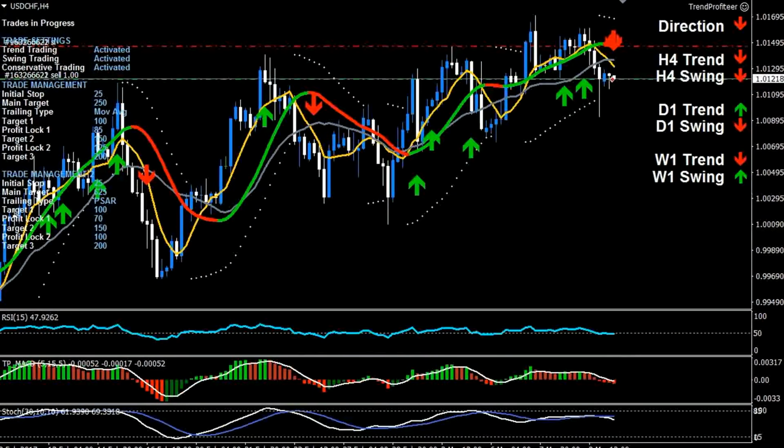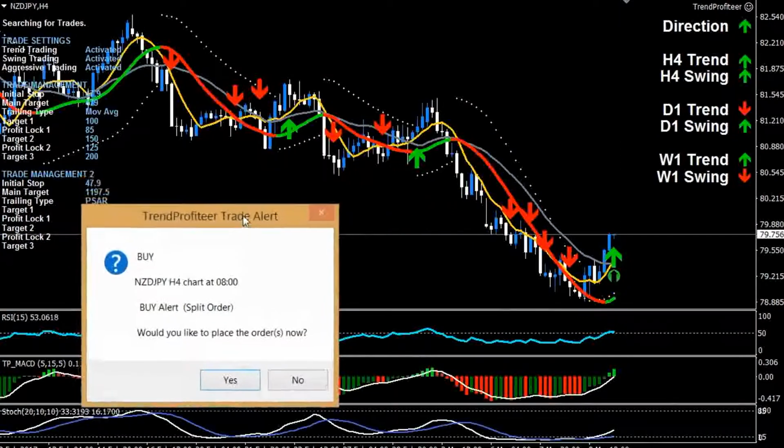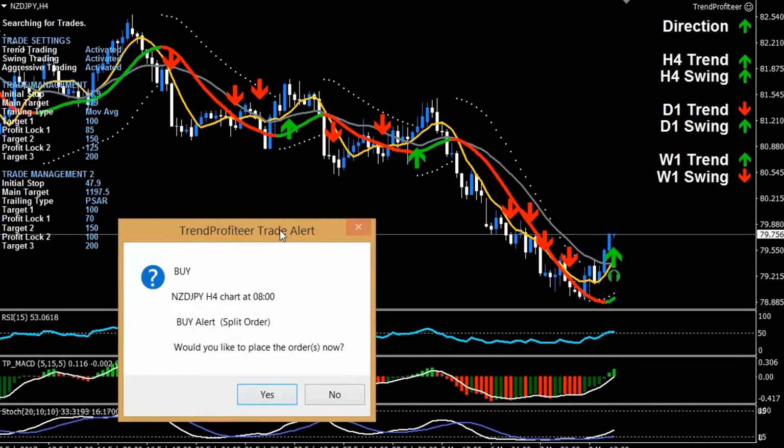Okay, so let's go to the Kiwi yen. I'll just bring it up here. We haven't talked about the Kiwi yen previously in the last 2 videos, but you can see here that even though it's low, the software is intelligent enough to determine when those good opportunities are, and it's saying that the overall direction is up, even despite this recent downward move.